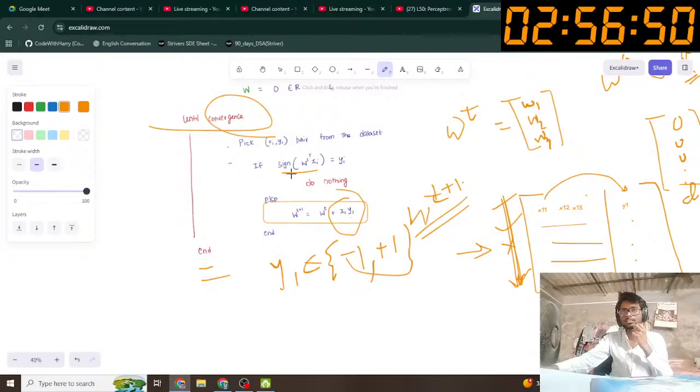Like, actually it is 0, but this expression is predicting 1. In that case, we wouldn't be able to update this w_t plus 1. That's why we make this data set like this, encoding y as -1 and +1.